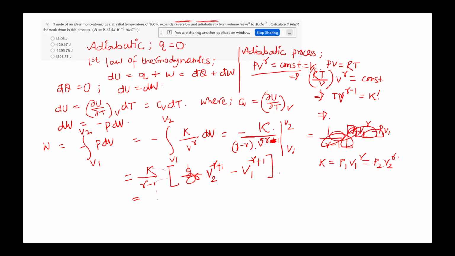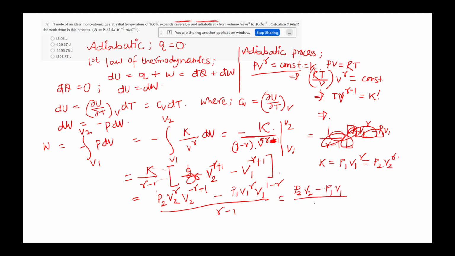For the second, P1 V1^gamma into V1^(1 minus gamma), so there will be one V1 left. So it is (P2 V2 minus P1 V1) by gamma minus 1.